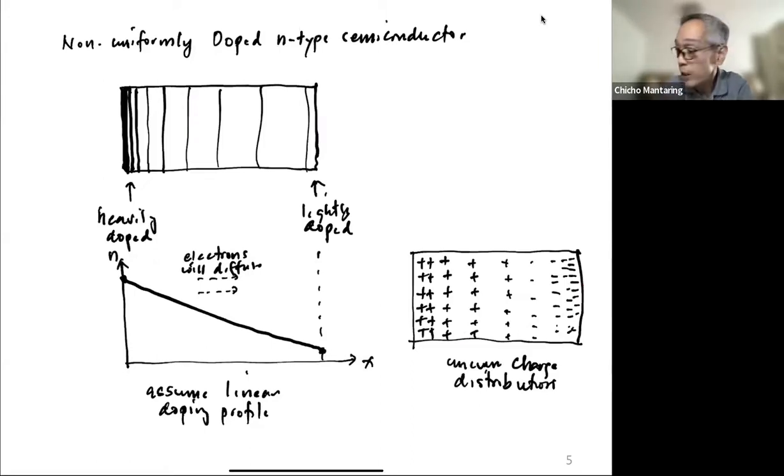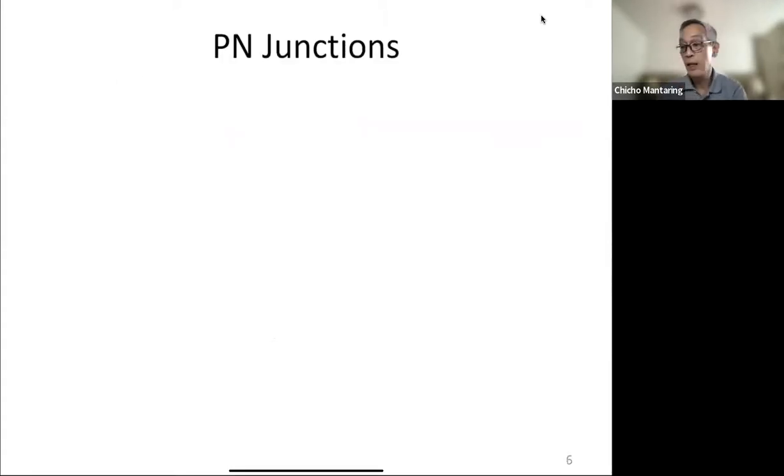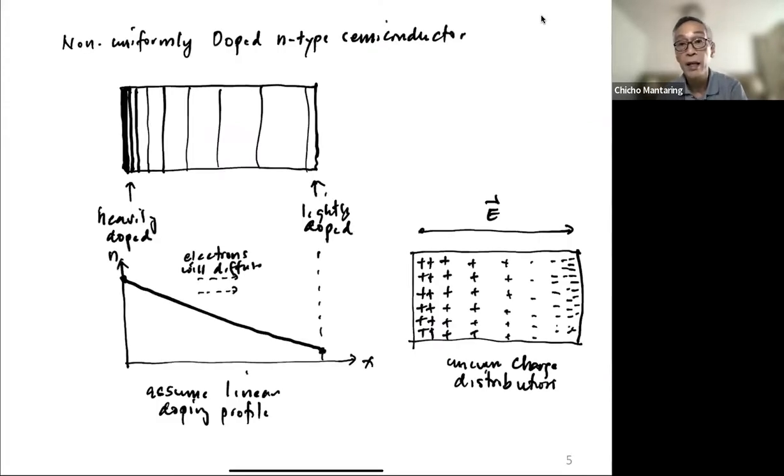If the left is positive with respect to right, you have an electric field that will now build up. So as your charges are moving, this electric field will build up. Now, what did we say happens when there's an electric field?